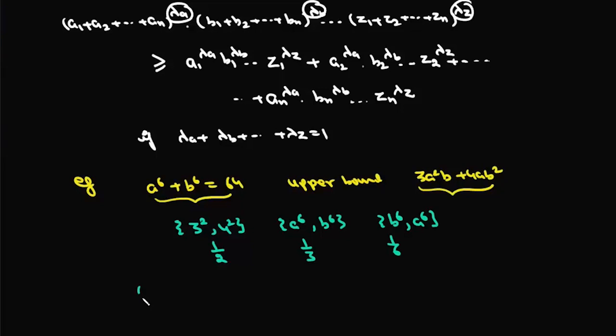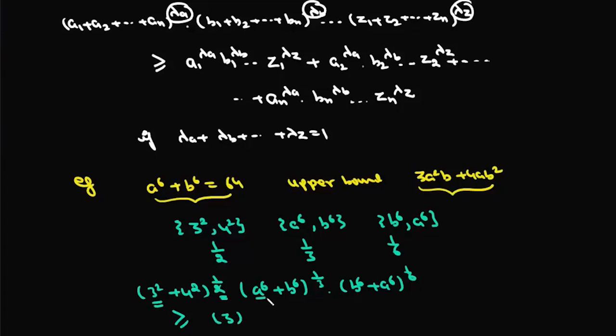We can write (3² + 4²)^(1/2) times (a⁶ + b⁶)^(1/3) times (b⁶ + a⁶)^(1/6), and it is greater than or equal to 3 times (a⁶)^(1/3), which is a², times (b⁶)^(1/6), which is simply b, plus 4 and then b² and a.